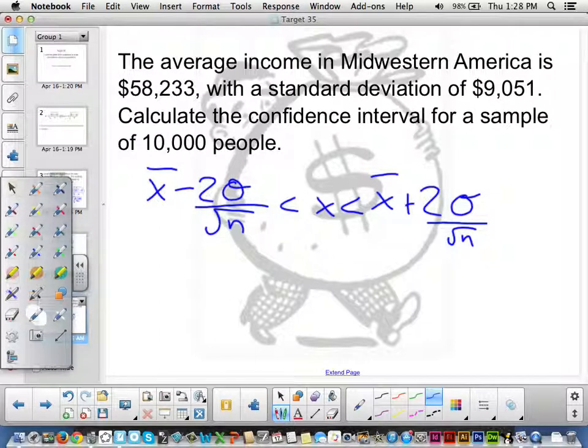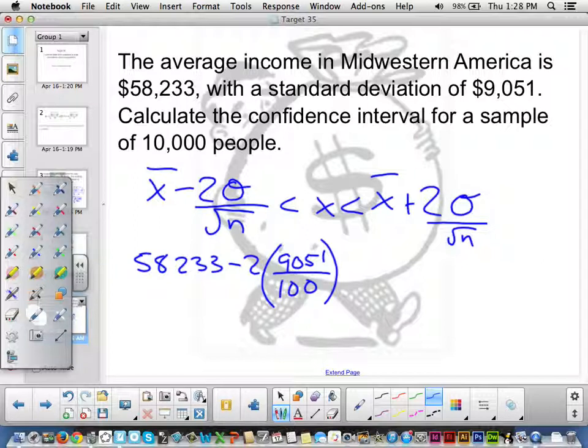If we plug in those values, our average is 58,233 minus 2 times 9,051 divided by the square root of 10,000. It's 100 for those of you that can do that real quick.